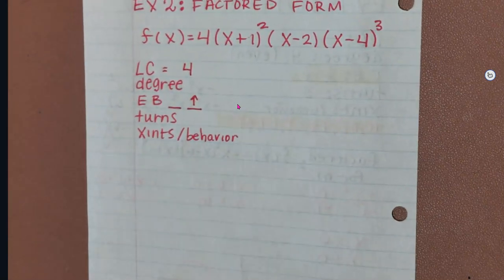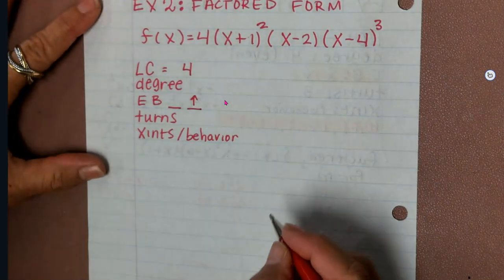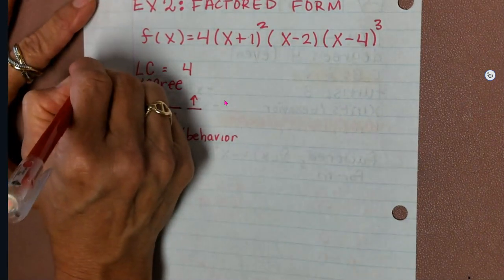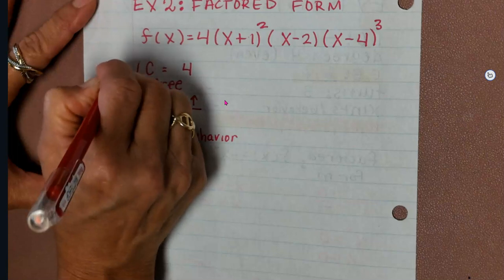If you have a different color, I would suggest using a different color if it's handy, because finding the degree is different when it's in factored form. To find the degree, you must add the exponents.